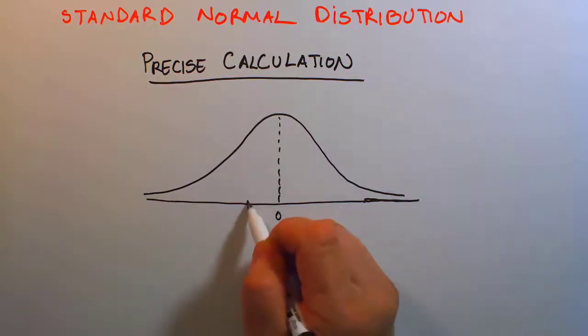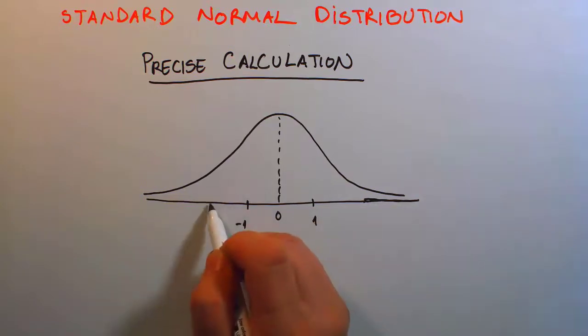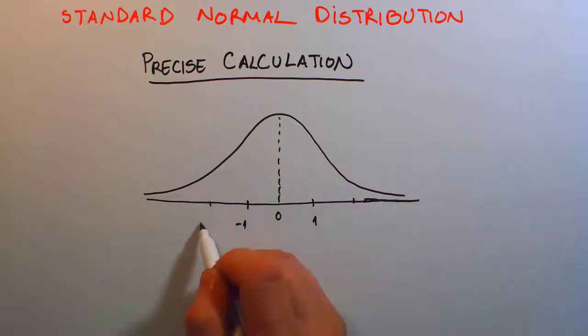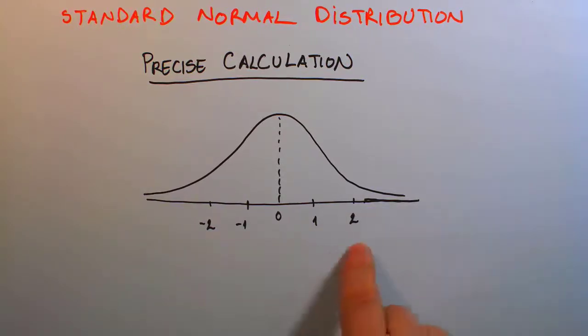The set of empirical rules can only handle finding areas where your z-scores are limited to whole value z-scores only.